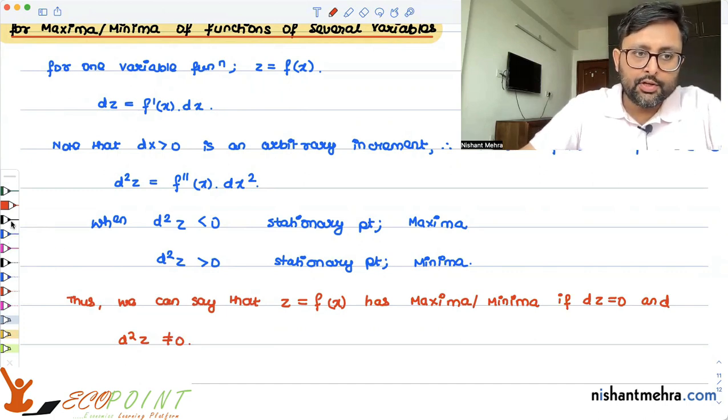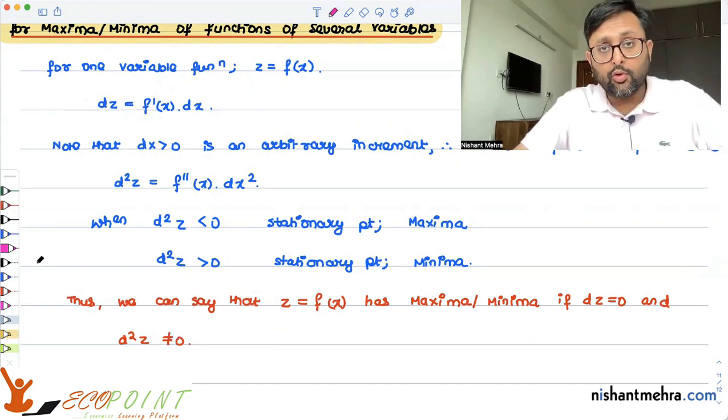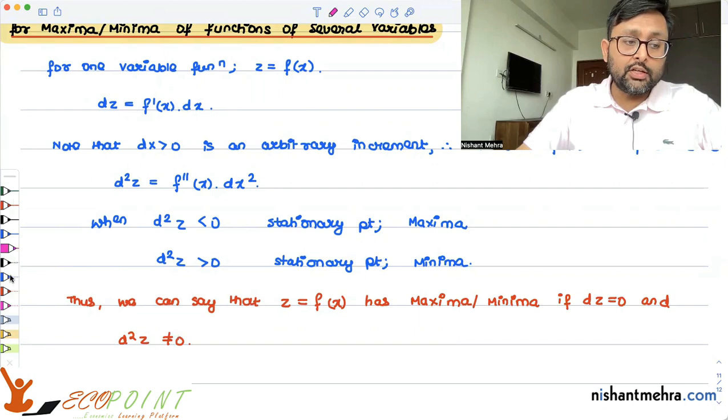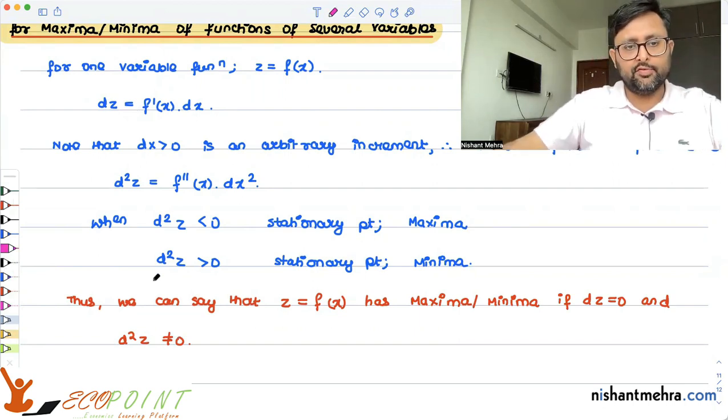If dz is equal to 0 and d2z is not equal to 0, now I'm going towards the function of several variables. That is, I'm going to pick up more than one variable in the function.